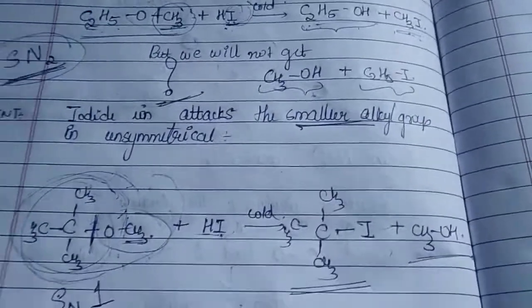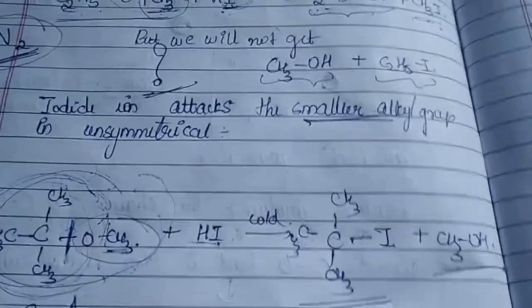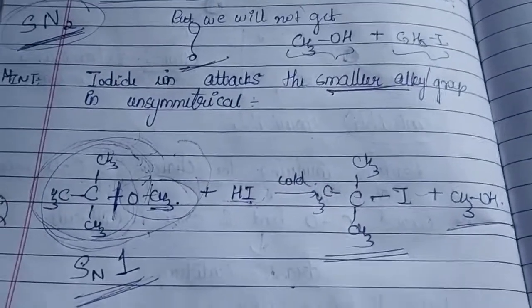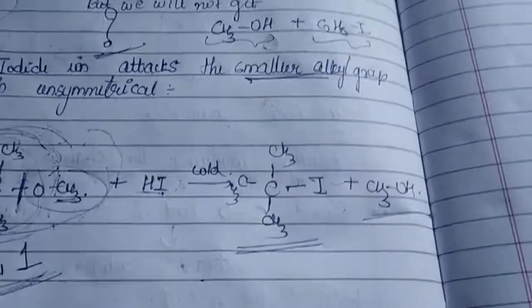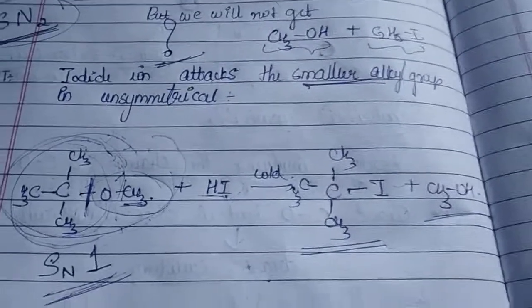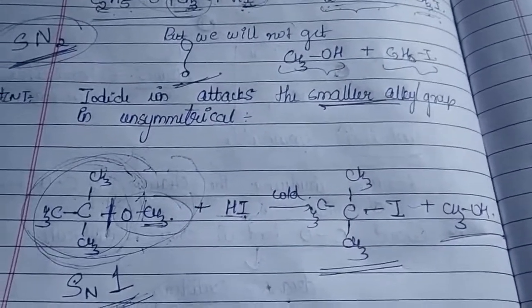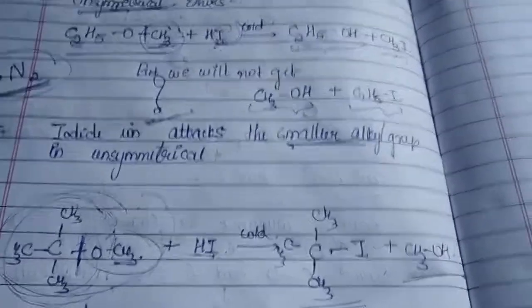You just remember, whenever you are treating your ethers with a cold concentrated HI, one product you are going to get is an alcohol, another you are going to get is an alkyl iodide. This is the first note you have to remember. Second note, whenever you treat your unsymmetrical ethers with a cold concentrated HI, the iodide ion attacks the alkyl group which is smaller, or your iodide ion attacks the smaller alkyl group.